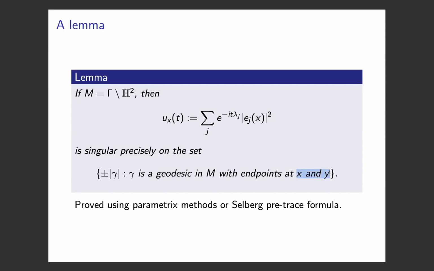And the way that one proves this is by either using microlocal techniques, parametrix methods, like, for example, Bérard, or, because you're working with a hyperbolic quotient, you can directly use Selberg's pre-trace formula. In the actual paper, we opted for the former because we did this for variable negative curvature, because we wanted to have the lemma available for future work.